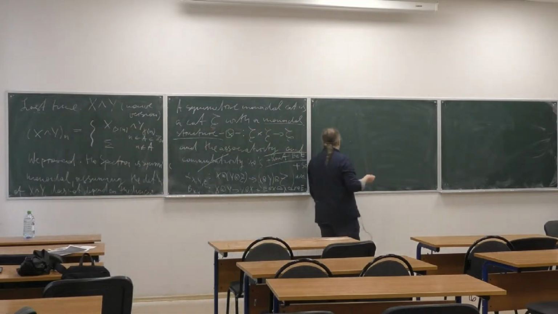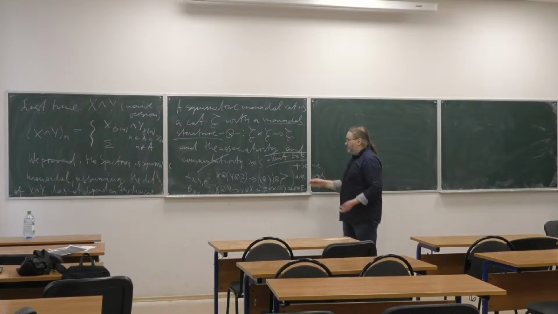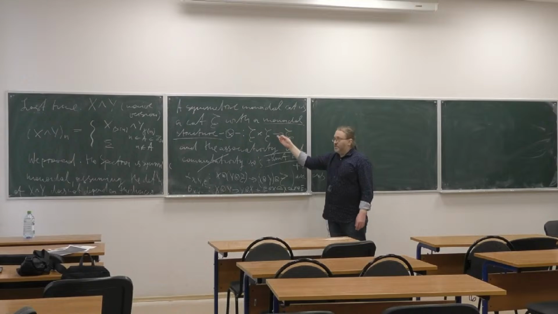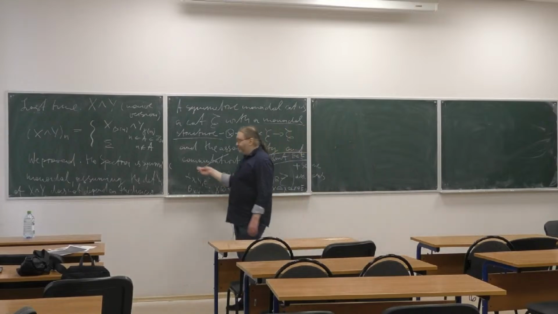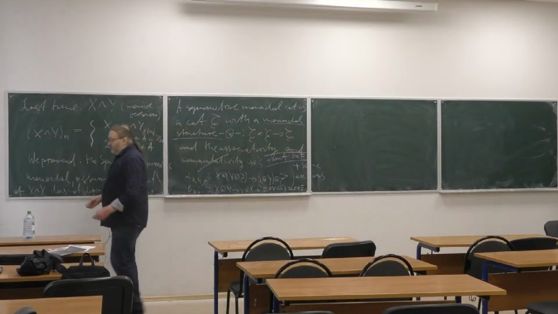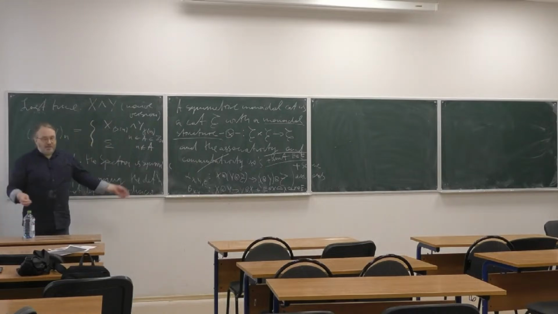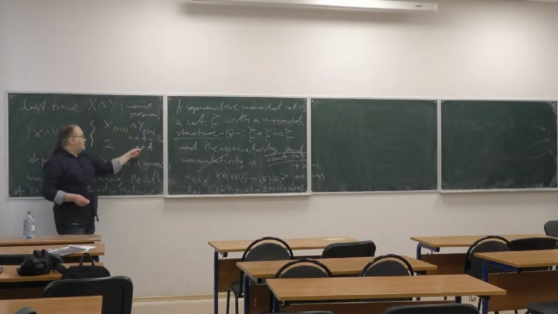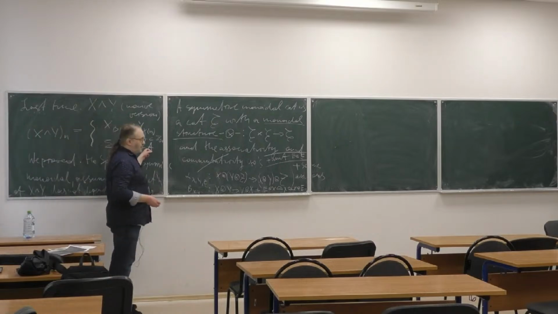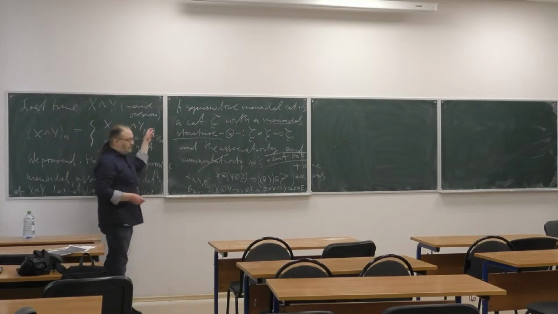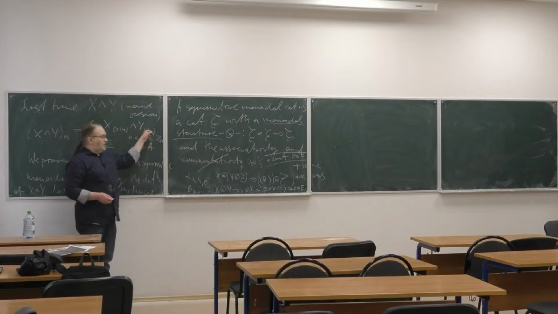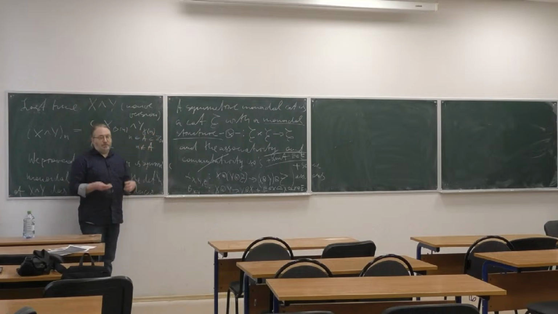So we need to start checking that the axioms held. We need to first specify how to pass from one choice of A and beta and gamma to another choice.